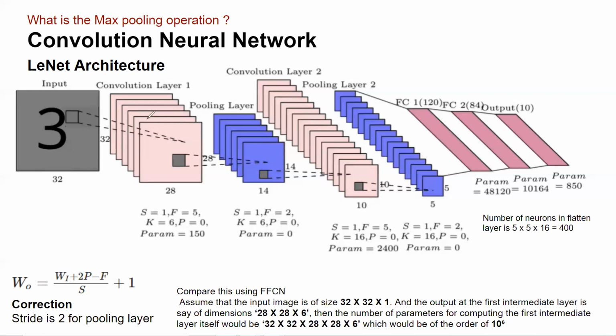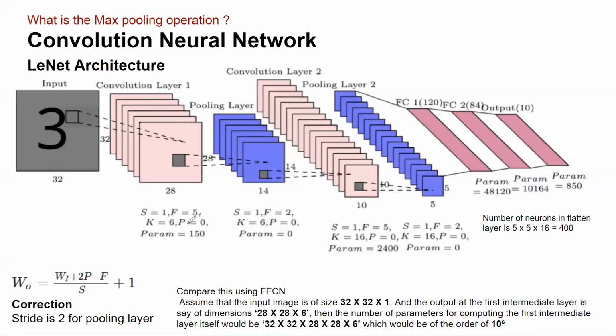So can you tell me what will be the dimension of this output after applying convolution by this filter? Can you quickly do the math and let me know? 28.